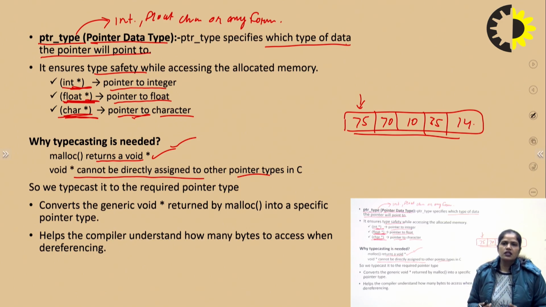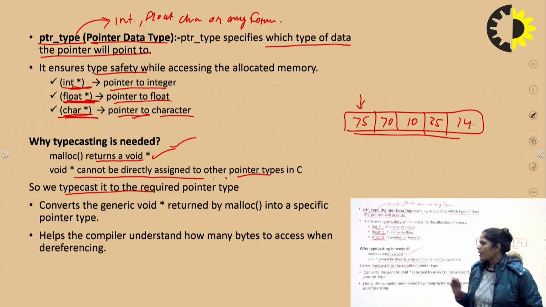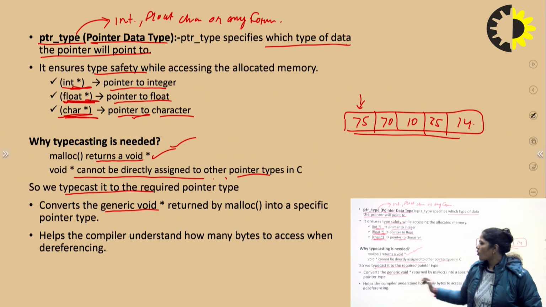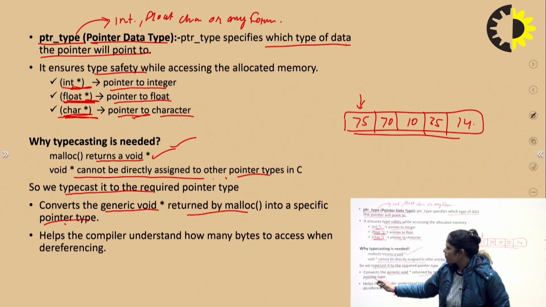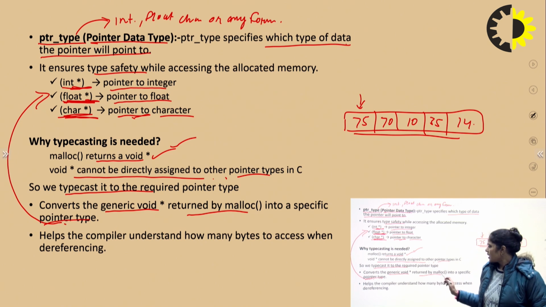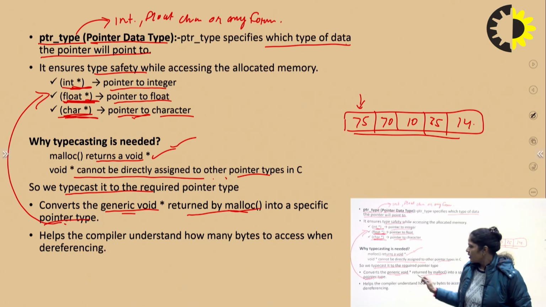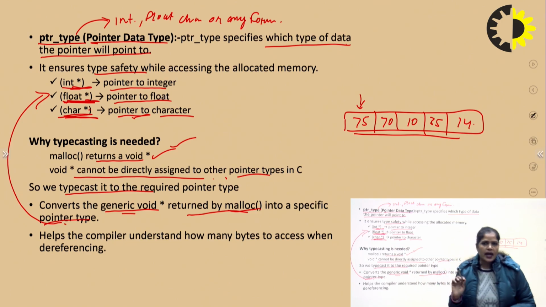It may be integer, float, or char. So this type of explanation tells about the typecasting of the pointer variable. It converts the generic void pointer into the specific pointer type. So by using the malloc function, this generic void pointer is typecast into integer, float or char.